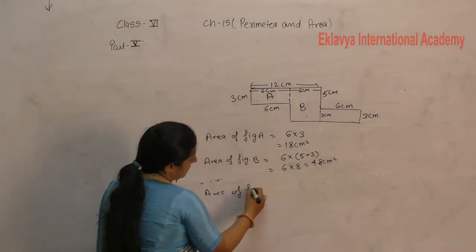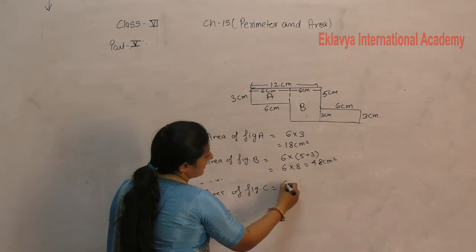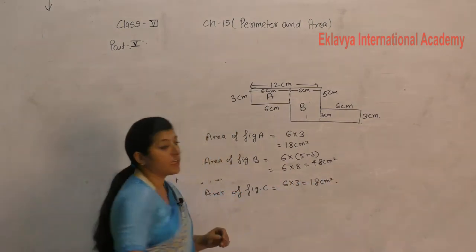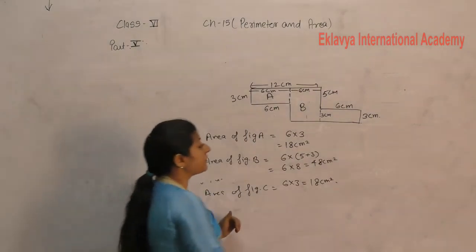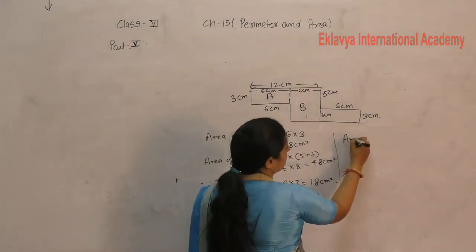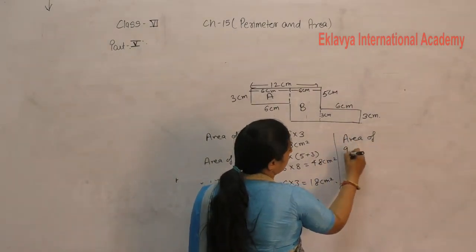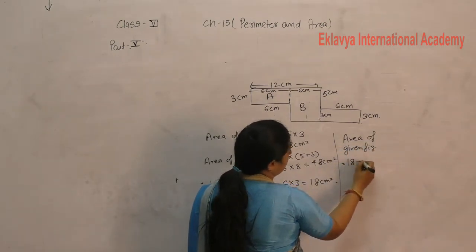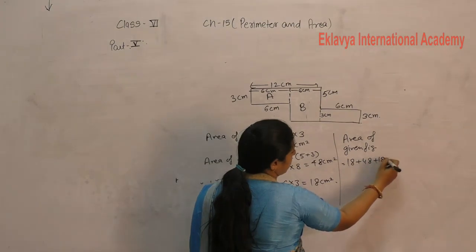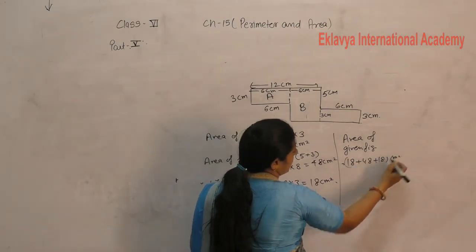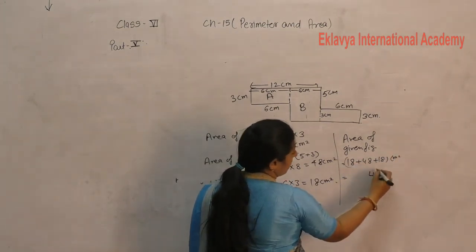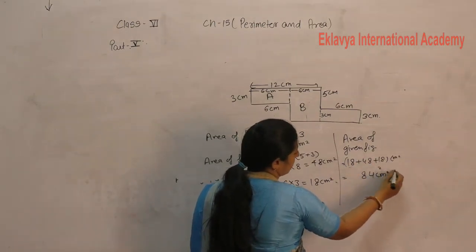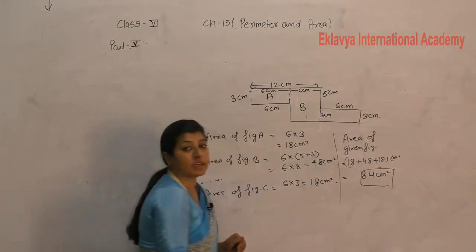Area of figure C, 6 into 3 again, that is equal to 18 centimeter square. Then area of the given figure is equal to 18 plus 48 plus 18 centimeter square, that is 84 centimeter square.